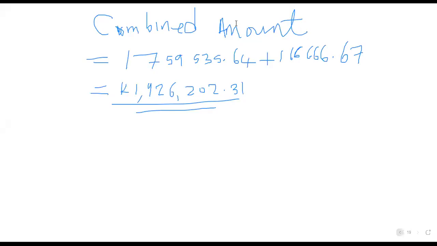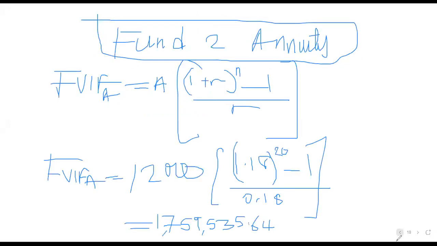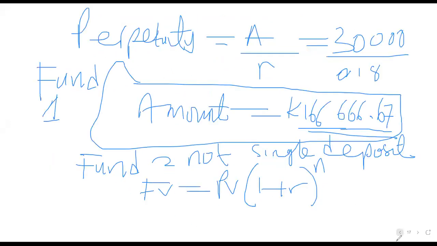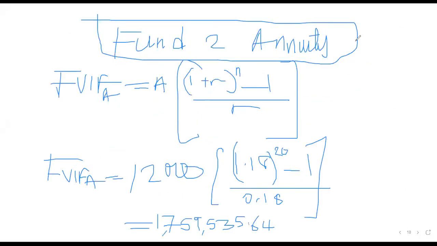So this is it. The first one was a perpetuity. We got this amount. Then the other one was an annuity because it was yearly cash flow per year. So the future value annuity is this one, and the amount is this one.